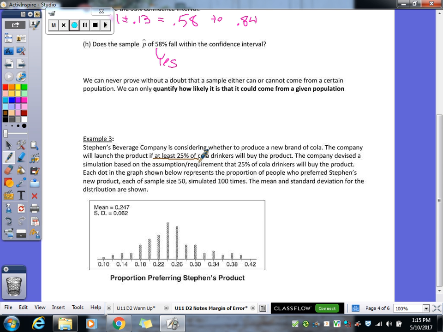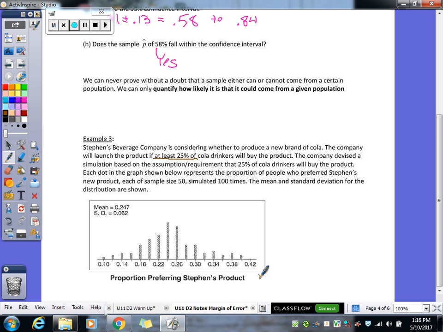Each dot here represents the proportion of people who preferred Stevens' new product. Each sample size is 50, so each dot represents a sample of 50 people who were surveyed. This one means 38% of those 50 said that they liked the drink. This one says 26% of that 50 said that they liked the drink.